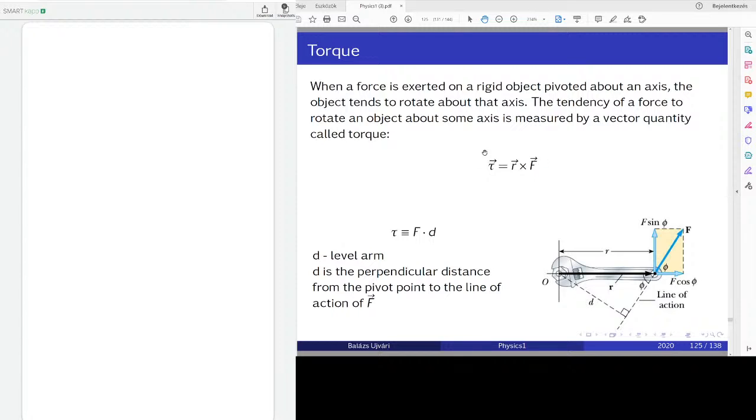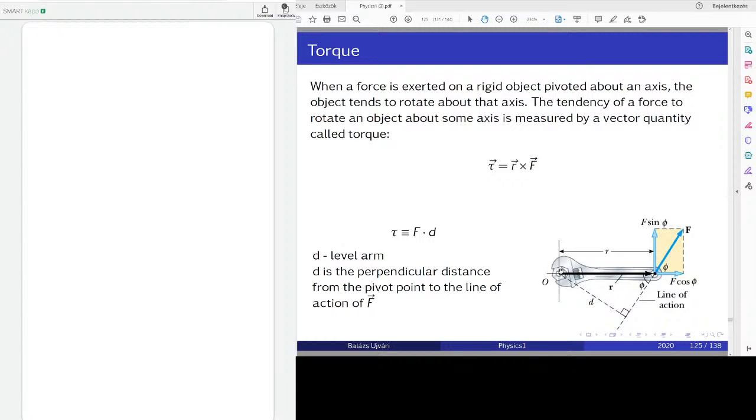So by definition, this torque is the vectorial multiplication of radius or position and the force. So look at this example.